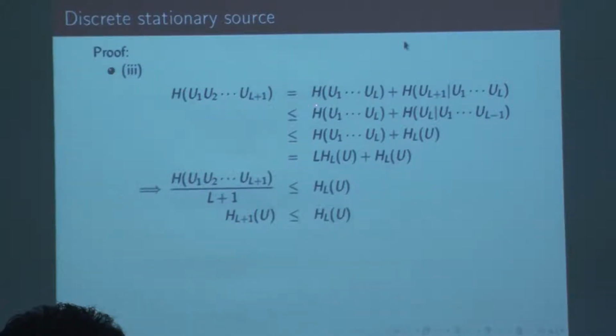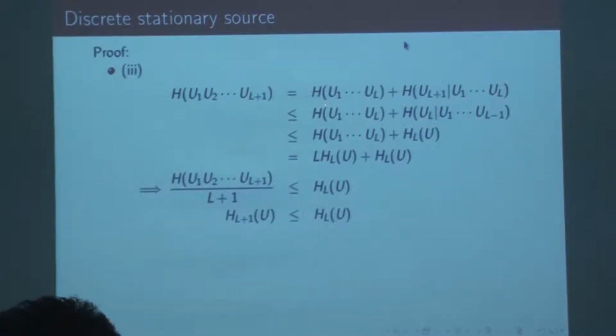Now this can be written as H of U1, U2, U3, ..., U_L plus H of U_{L+1} given U1, U2, U3, ..., U_L. Which property did we use? We used the chain rule.